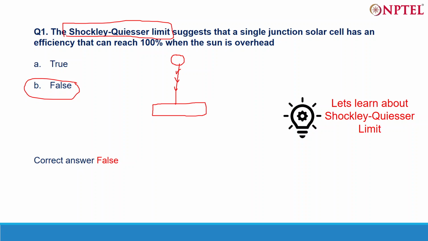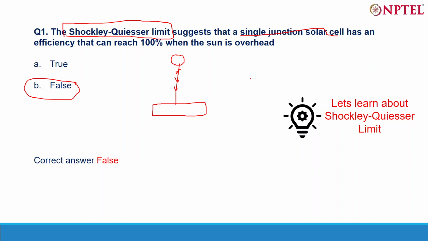The main question to be discussed here is the Shockley-Queisser limit. Another thing is that it is talking about a single junction solar cell. So what happens if we take a multi-junction solar cell? Single junction solar cells are very uncommon. Solar cells are always in multiple junctions. Many cells are built up into arrays, then converted to modules.